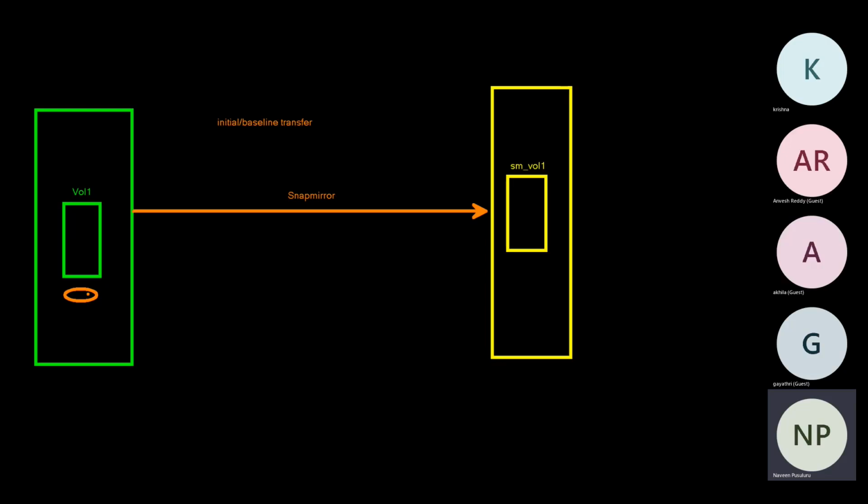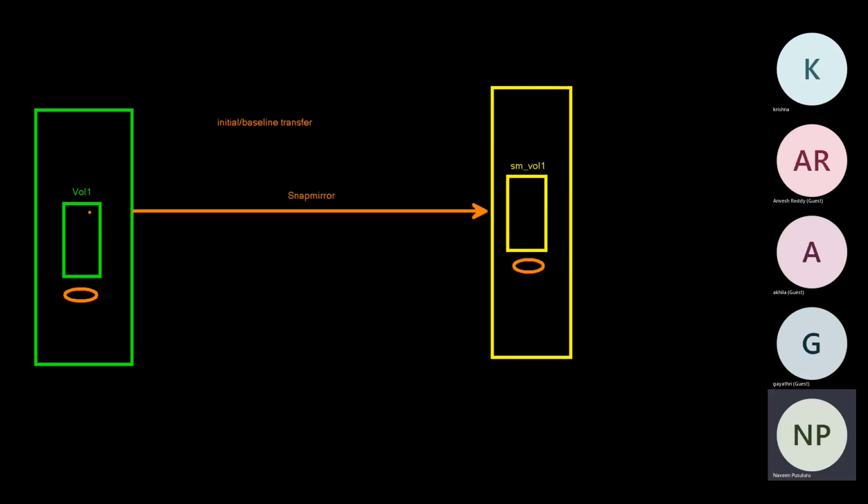Whenever we run the initial or baseline transfer, first it will create a snapshot on the source. After that, it will start copying the data from source to destination. Once the data is copied, it will create another snapshot on the destination as well.